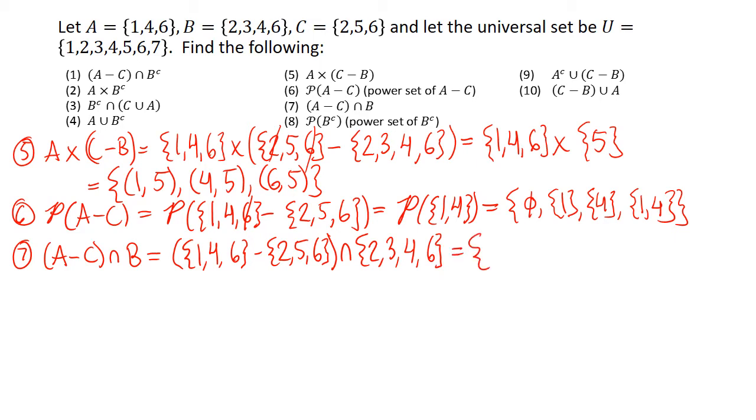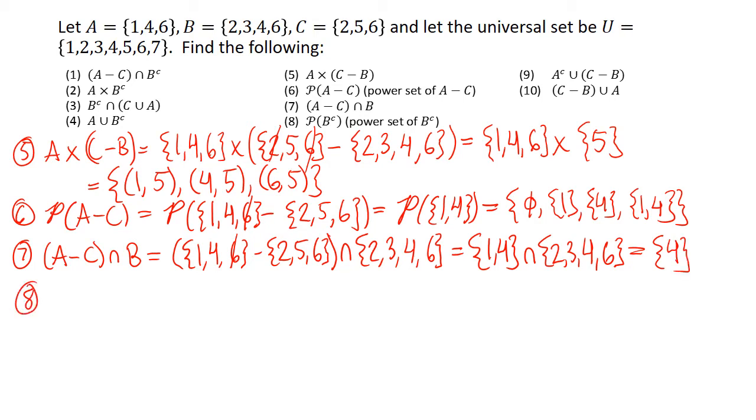So I'm starting with 1, 4, 6, and I'm taking away anything from 2, 5, 6. So that's going to get rid of the 6. So I'm just going to have 1, 4. And then I'm intersecting that with 2, 3, 4, 6. So remember the intersection, that is the overlap. So anything that's in both of those sets, and I think it's just 4.